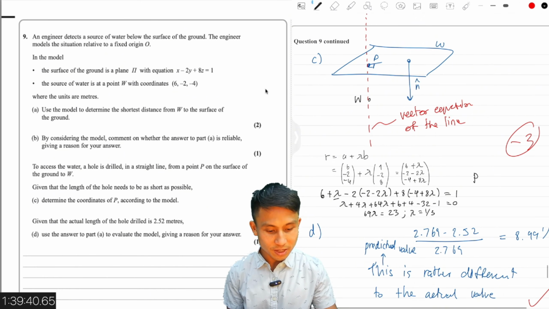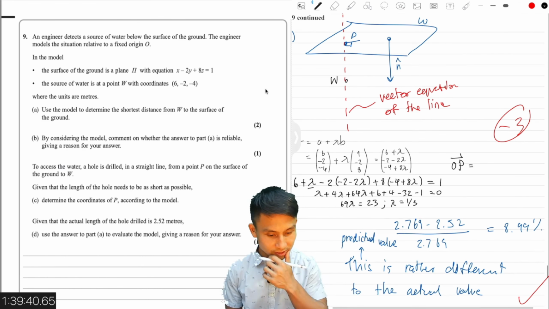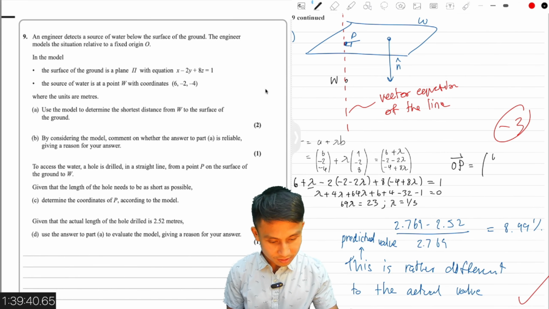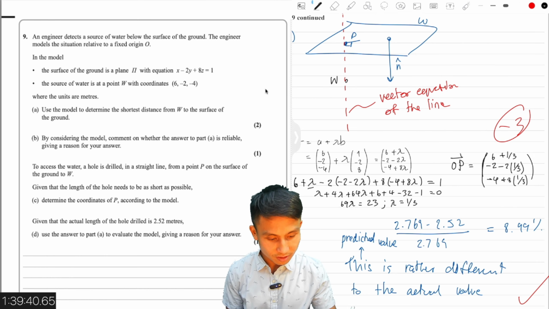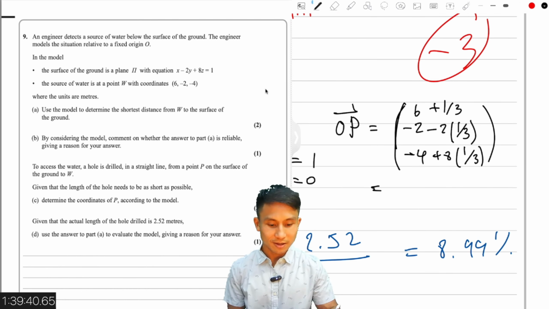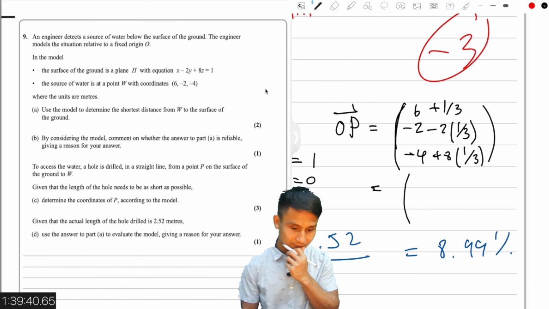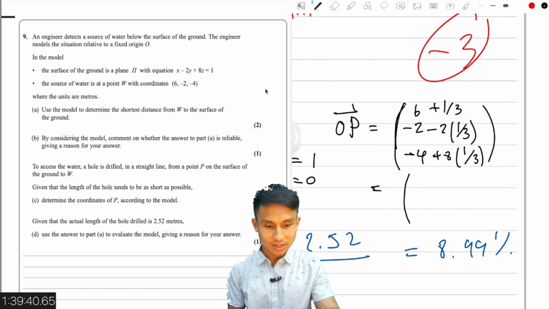That means point P would be, or should I write OP first? Position vector of point P is just 6 plus 1 over 3, minus 2 times 1 over 3, and then minus 4 plus 8 times 1 over 3. Well, we just simplify this set of coordinates. I can do 1 over 3 outside, right?